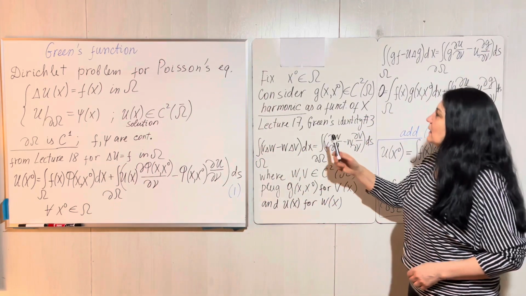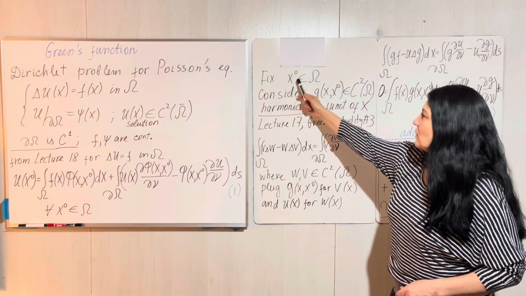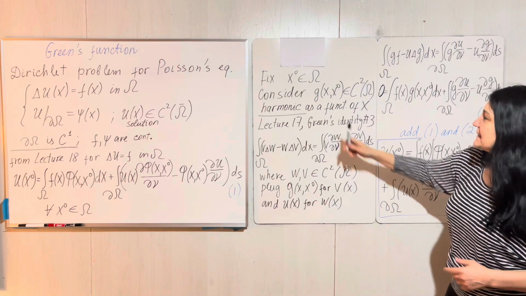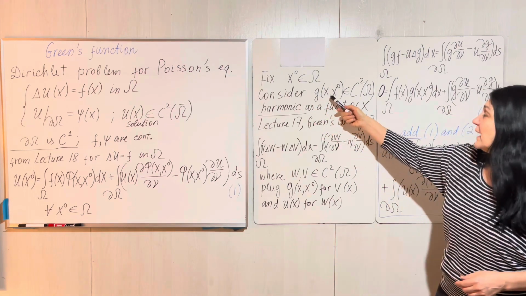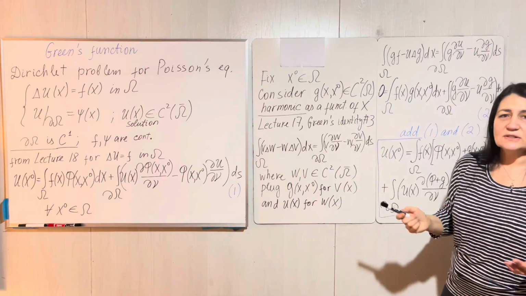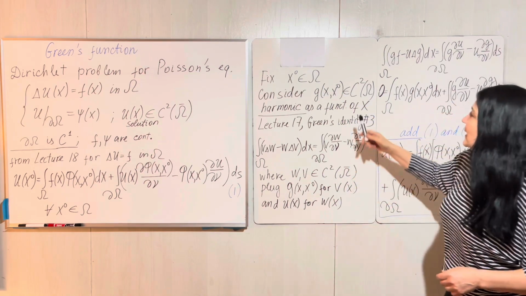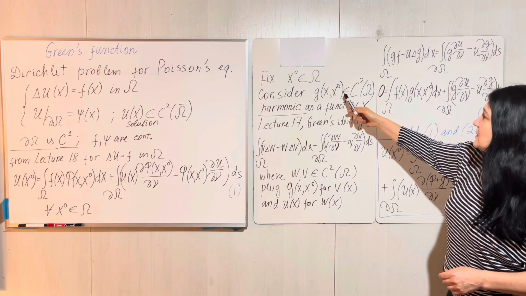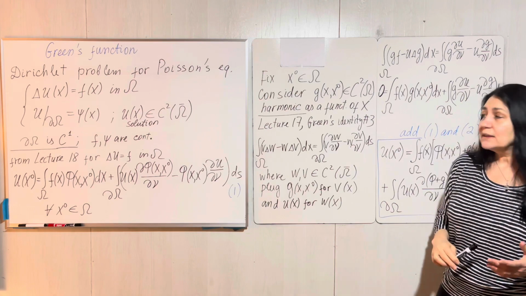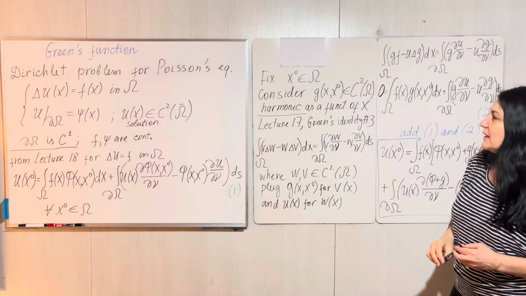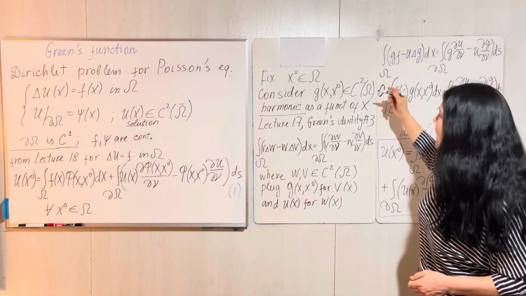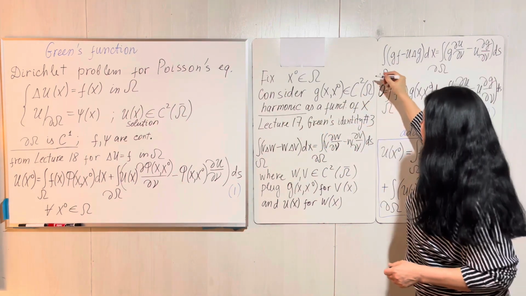Then let's fix the point x0 in omega, and consider a function g of x and x0. Since x0 is fixed, you can think of x0 as a parameter. Suppose that this function g is C2 in the closure of omega, and in addition it is harmonic as a function of x.